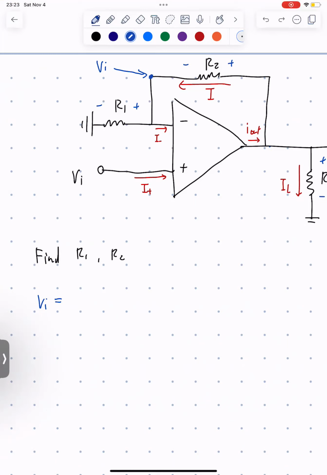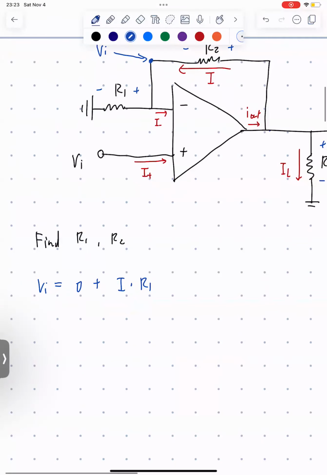So it's equal to 0, the ground, plus I, the current flowing over here, times R1. So the resistor voltage, which is just equal to R1 times I.